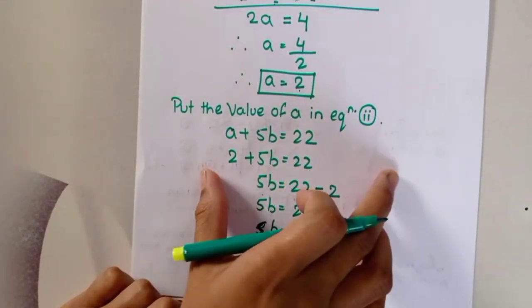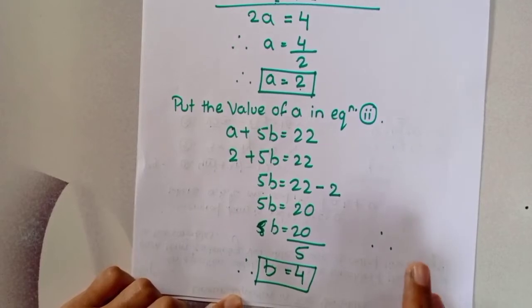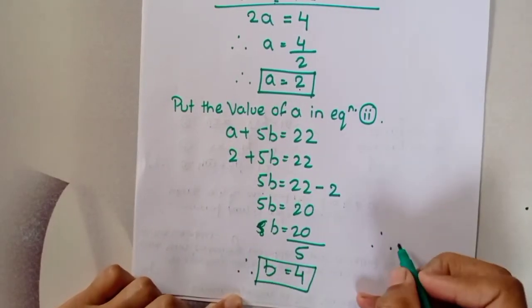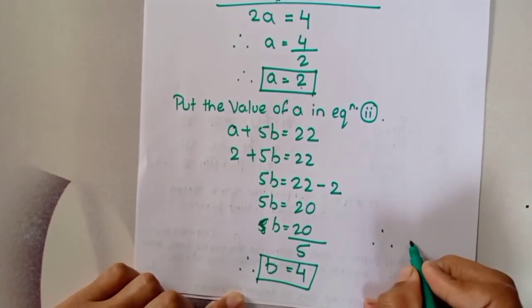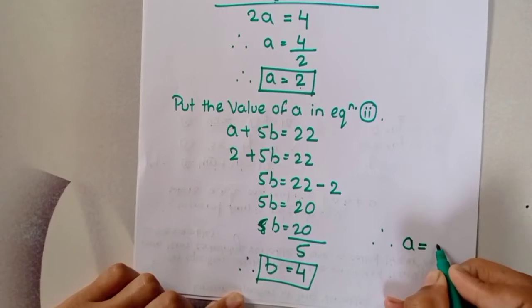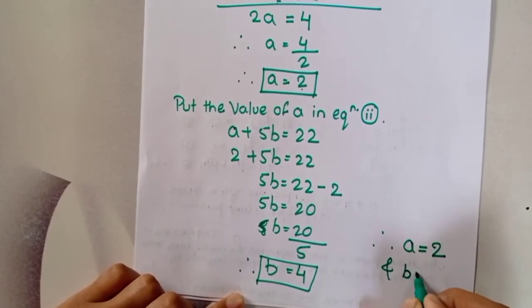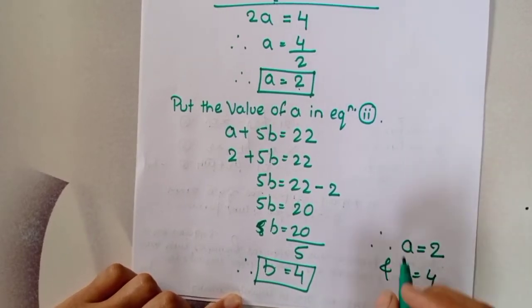If it is for 5 marks and we have not written this final answer, the examiner will give only 4 marks. Therefore, we have to write it to score full marks in maths. A is equal to 2 and B is equal to 4.